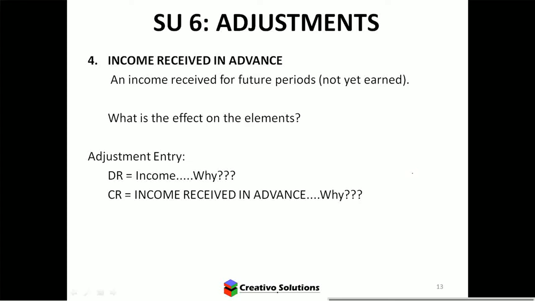Because we need to supply the stock or whatever. Correct. So any income that you've received that you haven't earned, good or bad to the business? Bad to the business, because you're creating what type of account? A liability. Perfect.